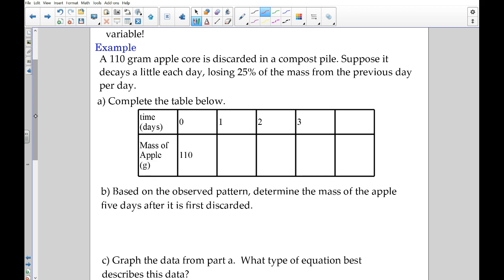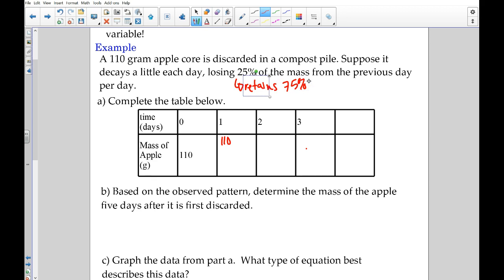In other words, if we have 110 grams for the mass of the apple on day 0 when we initially start the study, the next day it's going to lose 25% of that. Another way of framing it is it retains 75%.